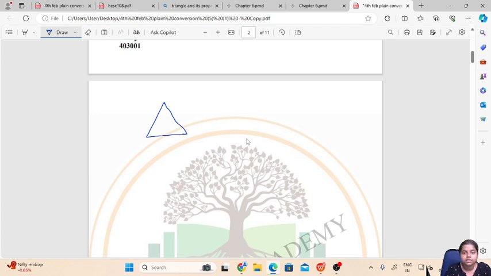Okay, consider this is a triangle. You have to draw with the help of a ruler.